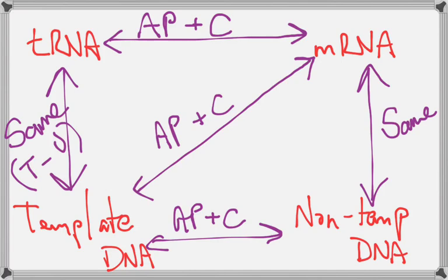Non-template DNA is complementary and anti-parallel to template DNA. Template DNA is what gets used to make the mRNA, and that relationship is anti-parallel and complementary as well. So I'm not going to say that what you're saying is incorrect. It sounds like you've thought about it as the template DNA and not done the final step to the mRNA. Does that help? Okay.